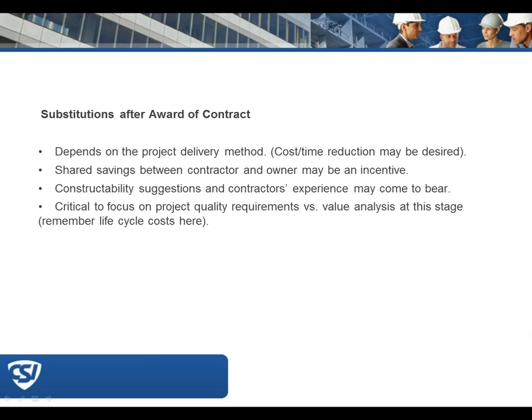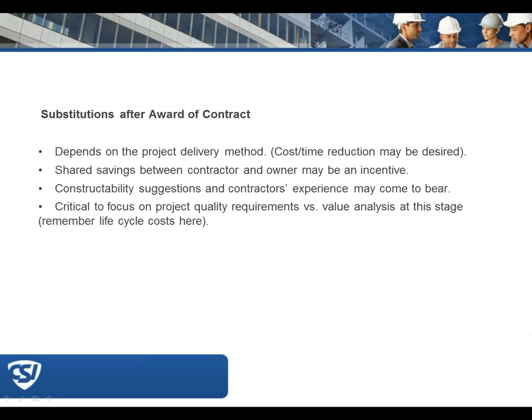Again, as Doug said, when it happens at this point in the project, there are all sorts of unhappy consequences and opportunities that potentially could occur. However, there may be some things here to think about. First of all, it depends on the project delivery method.